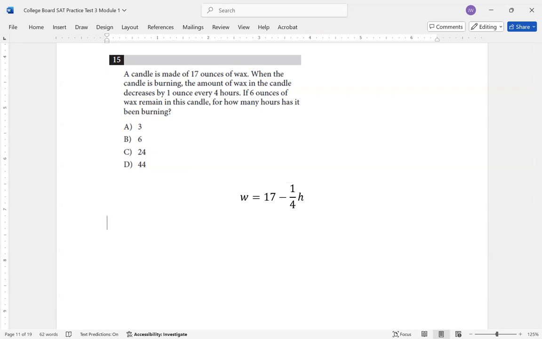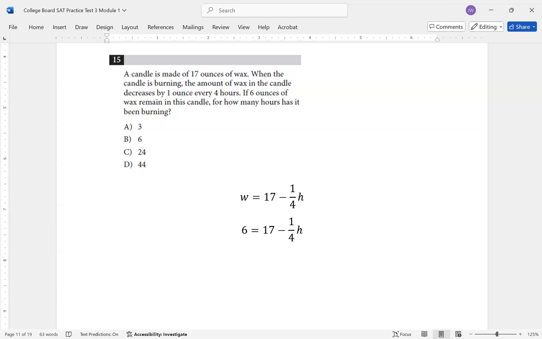H is hours, W is wax left. Now it says if 6 ounces of wax remains, for how many hours has it been burning? Well, if 6 is the amount of wax, we go 6 is equal to 17 minus 1/4 times H.